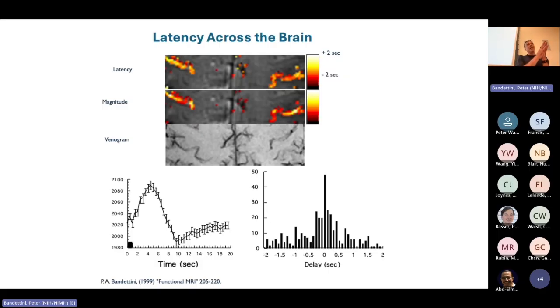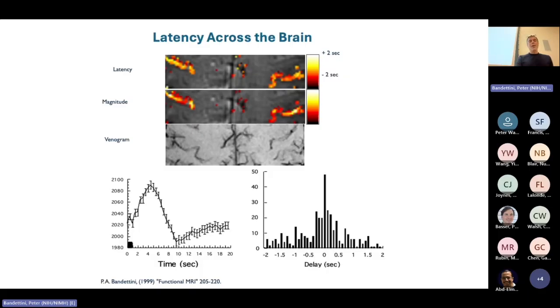So the idea is that, with activation, flow goes up, you have activation of the capillaries, then it goes downstream into larger vessels. So the larger vessels typically have the later responses. And so this variation is 4 seconds. You can't really do much to resolve neural activity with a 4-second spread in latency.